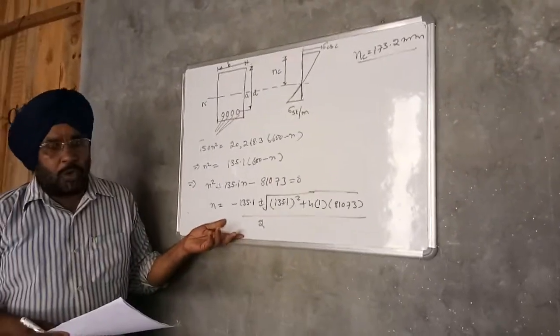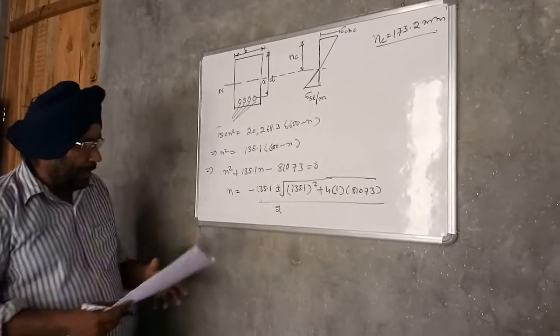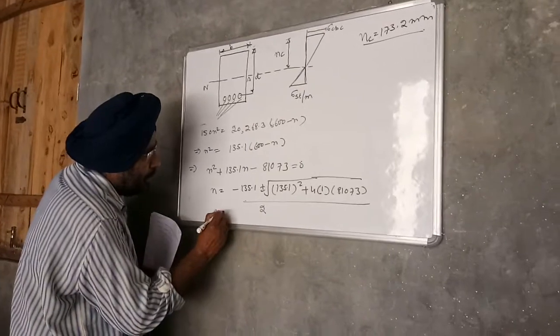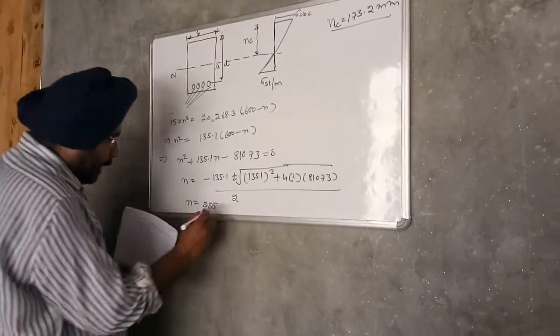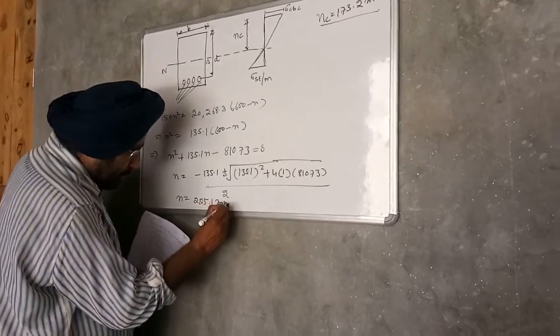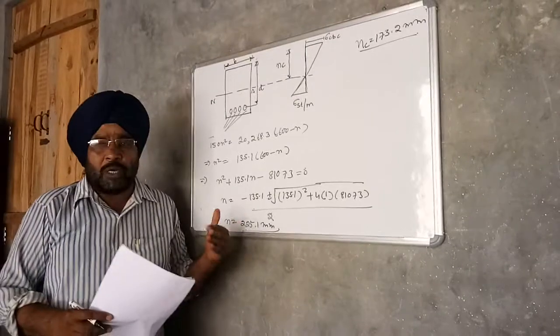Rejecting the negative value, only the positive value of the neutral axis is taken into consideration. So the value of n is 225.1 millimeter. So the depth of the actual neutral axis is 225.1 millimeter.